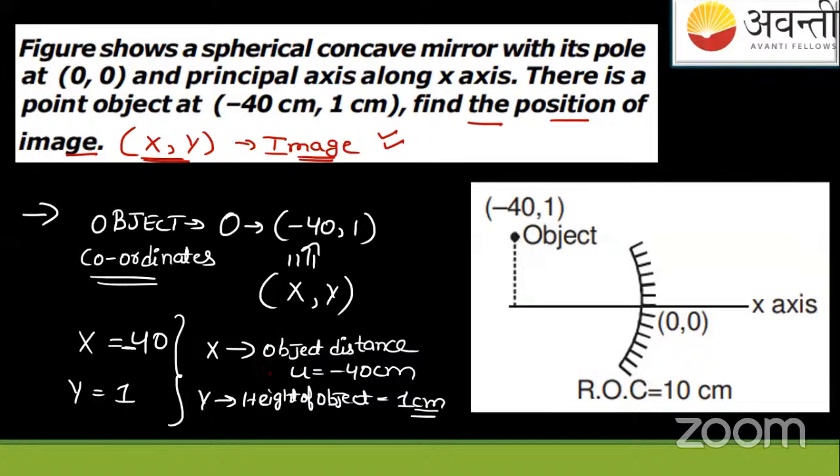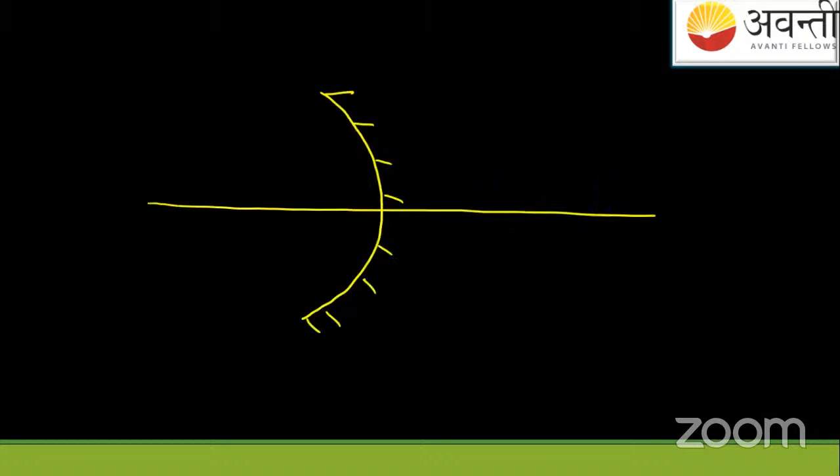Listen to one thing. I have explained everything, the information required for the solution of this question. But now this question can be modified after all this information on your screens. It can be asked like this: suppose you are given a concave mirror like this, and the principal axis is passing like this through the pole, and the pole is at the origin 0, 0.